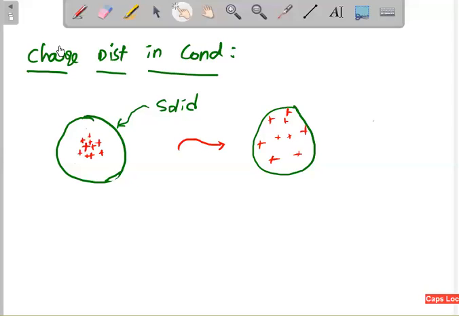Next I take another case. Instead of a solid conductor, if I take a hollow conductor, what will happen? This is a conductor, but in this case it is hollow. Hollow in the sense that inside it is completely free space. But here also I am trying to introduce some charges on some portion, on some edge.